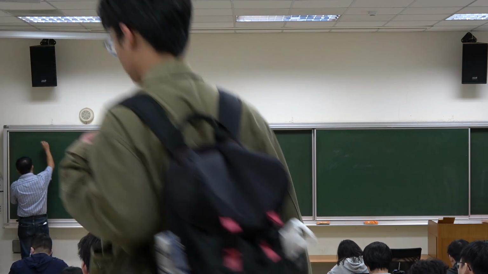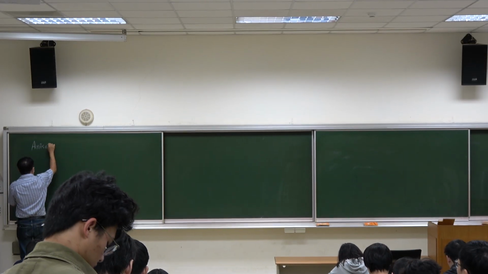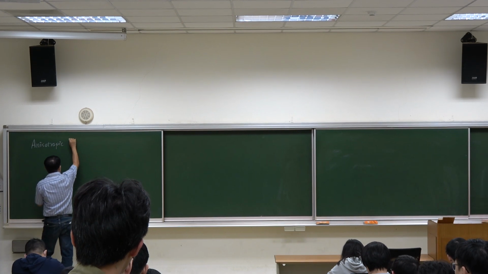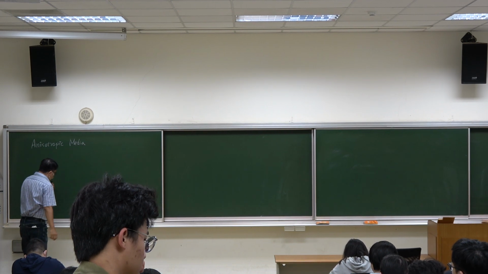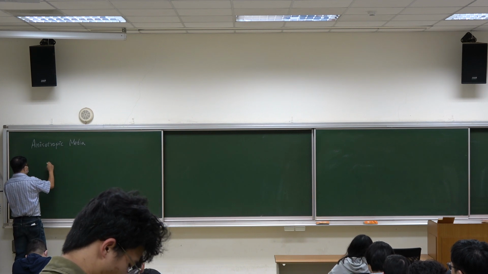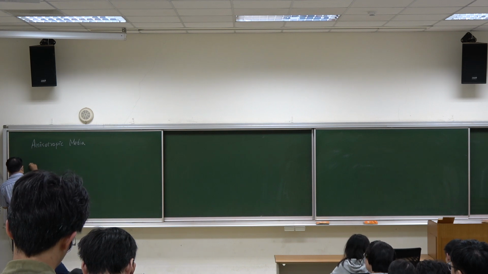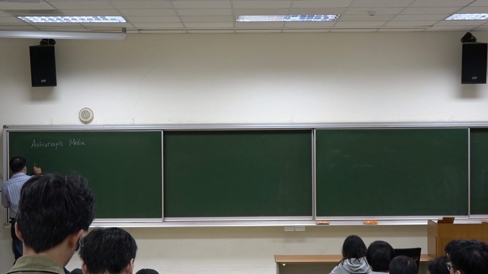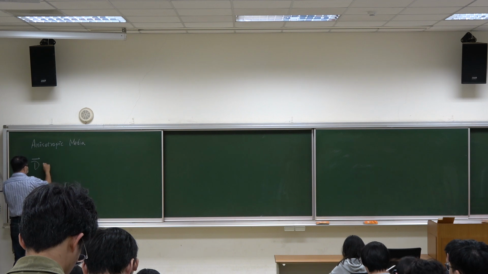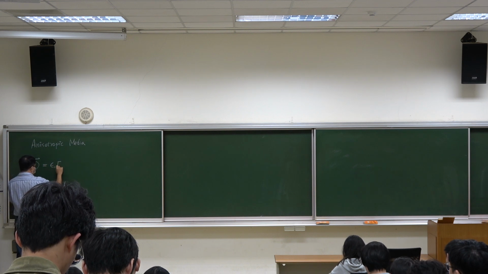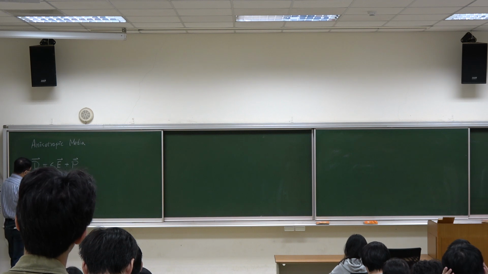So let me summarize how we have learned up to now in chapter 4. First, we consider the so-called anisotropic medium. An anisotropic medium means that in the Maxwell equation, the relation, the dynamical variable D, we know that the dynamic variable D is related to P and E by this relation.